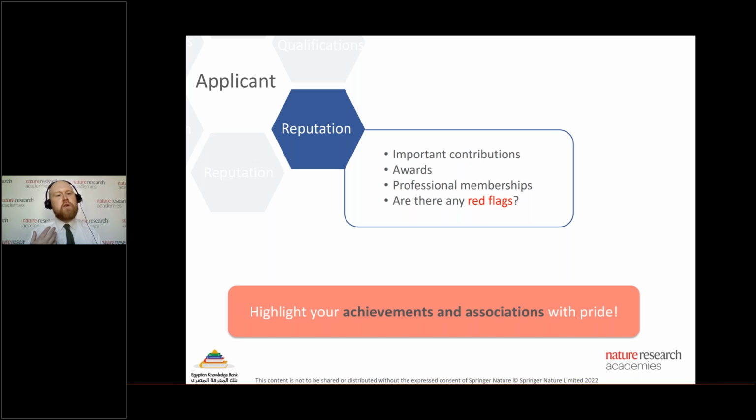So in your application, you really want to highlight all of your amazing achievements, any awards, any important contributions that you've made clearly to the reviewers. Be proud of all of the amazing things you've done in your career so far, and make sure the reviewer is aware of all of the things that you've achieved to demonstrate your good reputation within your research field.